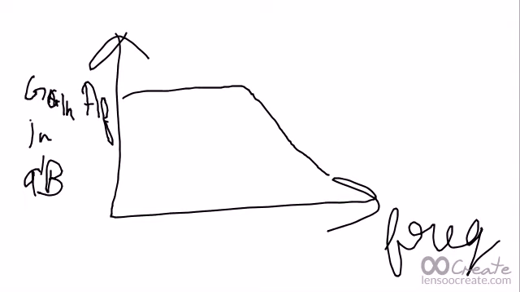AF is what? Our pass band gain. AF is called pass band gain. So for example, this is our minus 3 dB frequency, or you can say this is our cutoff frequency. Let it be FH.